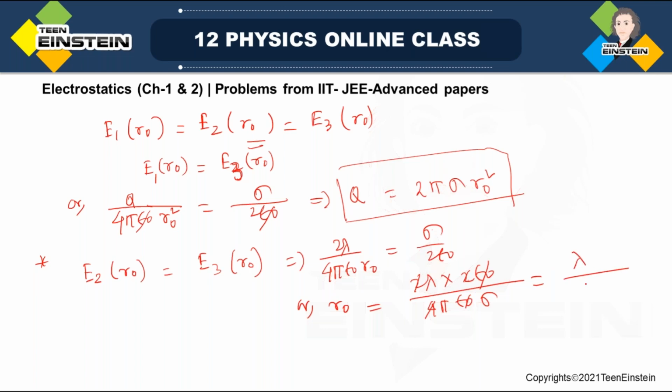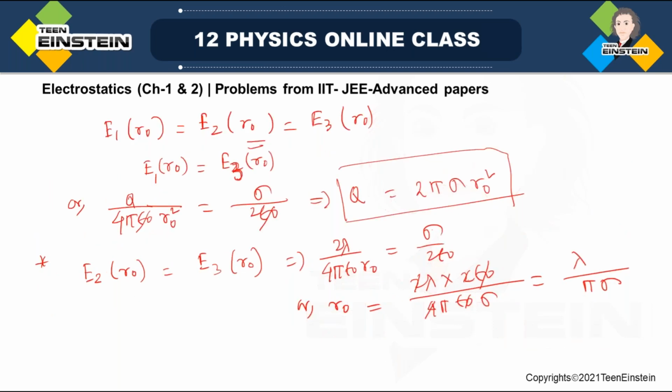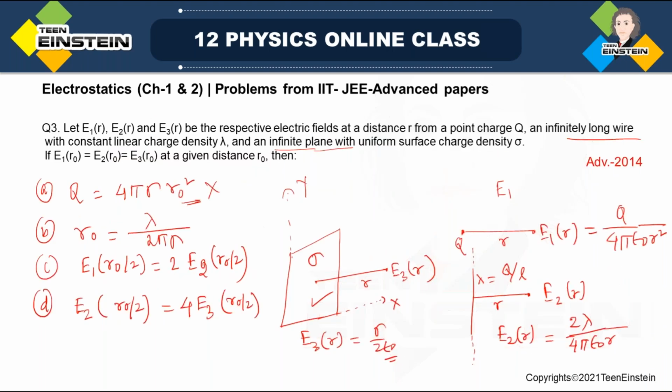lambda divided by pi sigma. R0 is equal to lambda divided by pi sigma. Let us see whether it is there. The option says R0 is equal to lambda divided by 2 pi sigma, but we have got pi sigma. So this is not correct.